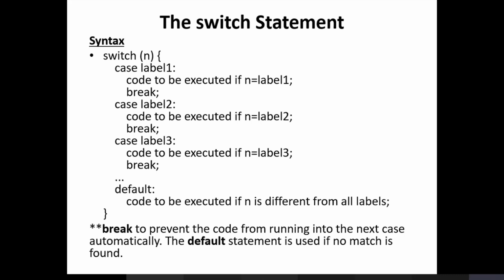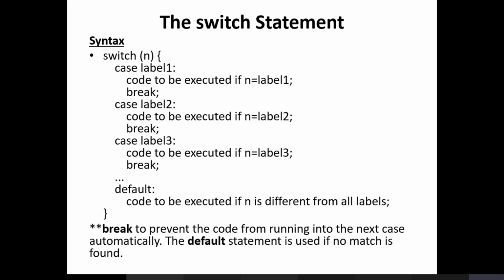Then is the switch statement. The switch statement has the syntax as switch n, where n is a number or it can be a string or it can be an alphabet. So it is having cases. So case label 1 colon, then code to be executed if n equals label 1, followed by break.